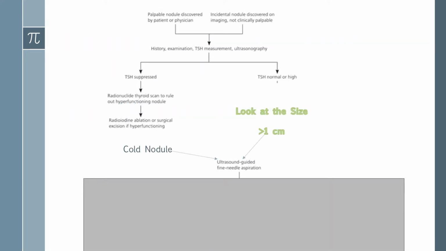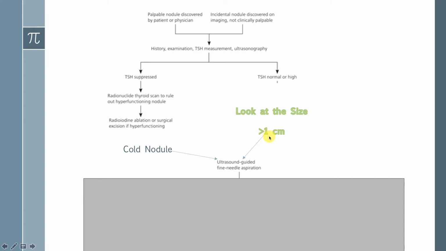So we're going to focus on this side, right? Now we said if the TSH is suppressed, that means you're secreting hormone. Then you have to do a scan to see if it's a hot nodule or not. If it's a cold nodule, or a nodule that's not secreting hormone, you want to do some kind of tissue sampling. It's not a biopsy in the sense that you're not opening it and taking it out, but this is essentially a biopsy because you're putting a needle in and taking the tissue out, right?